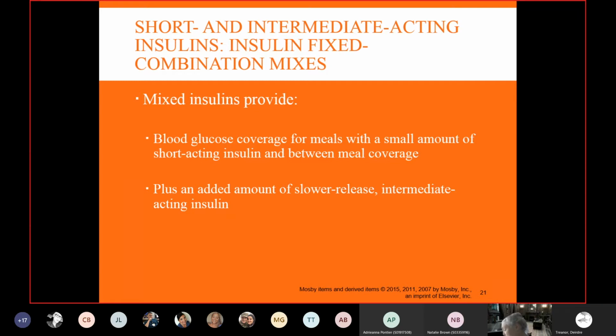Mixed insulins are usually taken twice a day, a specific number of minutes before the morning and evening meal. So 30 minutes, 60 minutes. And each injection will cover 2 meals or 1 meal and the bedtime snack, depending on.